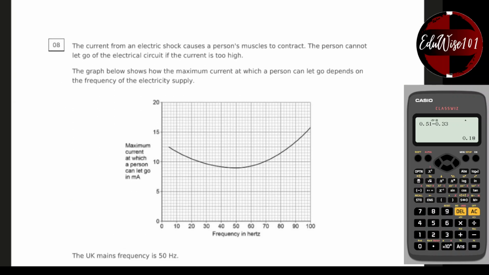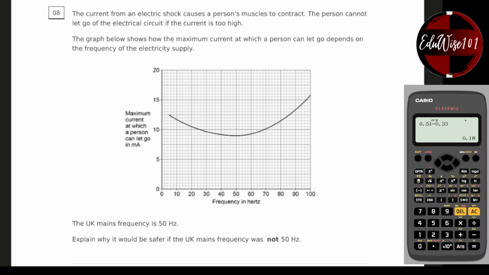Question number 8. The current from an electric shock causes a person's muscles to contract. The person cannot let go of the electric circuit if the current is too high. The graph below shows how the maximum current at which a person can let go depends on the frequency of the power supply. So you can see the maximum current at which a person can let go at 10 Hertz is about 12.5 milliamps.